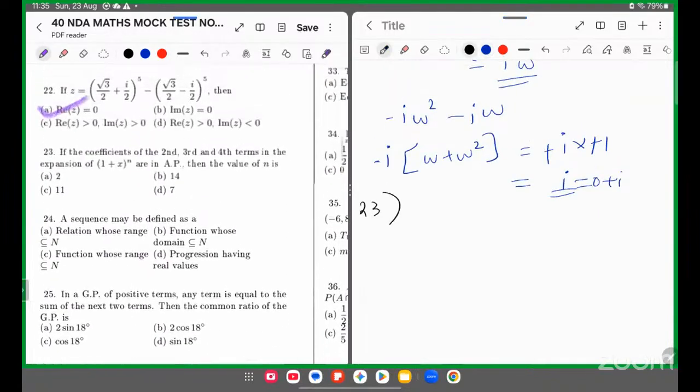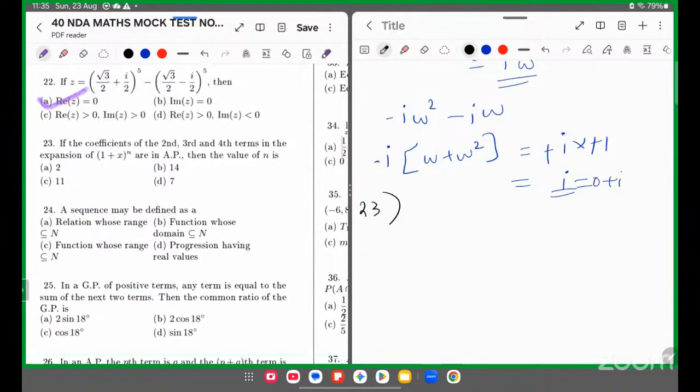If the coefficients of the second, third, fourth terms in the expansion of (1 plus x) raised to n are in AP.